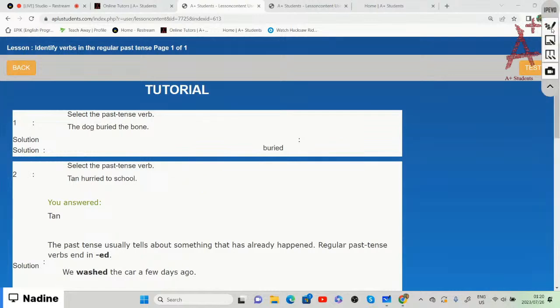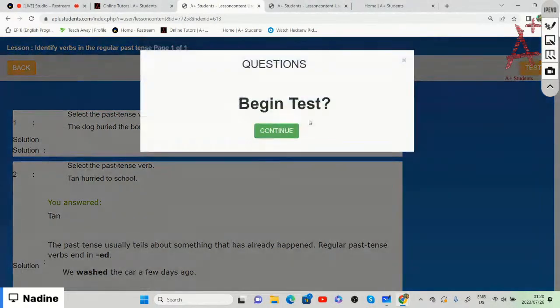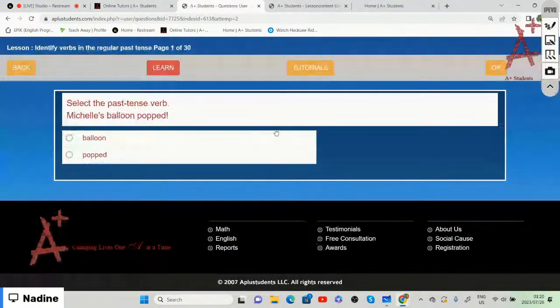All right, so now let us go to our test, where we need to identify verbs within the regular past tense. It says select the past tense verb. Michelle's balloon popped. We need to choose the past tense verb. Is it balloon or is it popped?